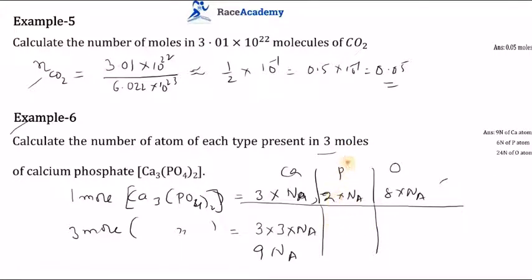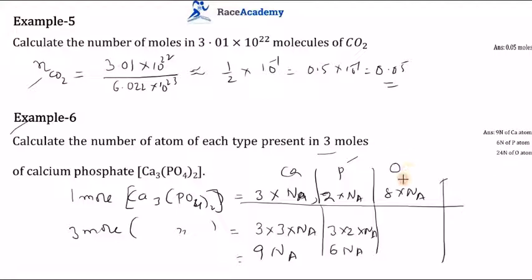Moving on to the phosphorus atoms calculation, 3 into 2 into Avogadro number, so the total will become 6 into Avogadro number of phosphorus atoms present in 3 moles of calcium phosphate.